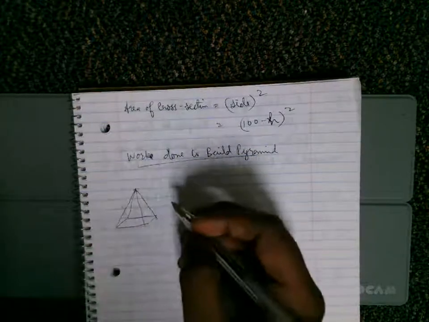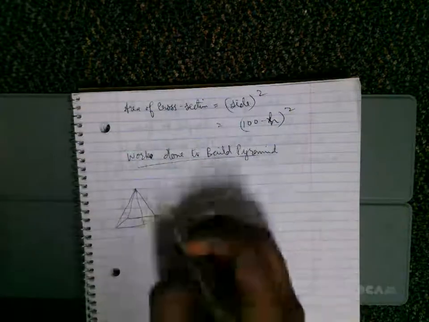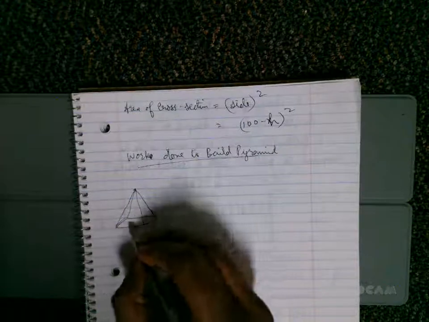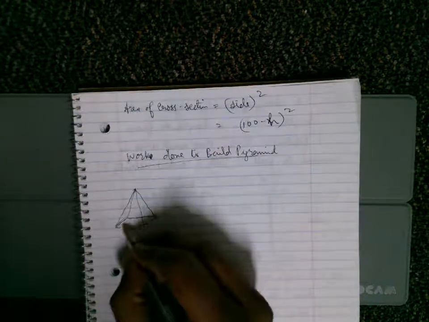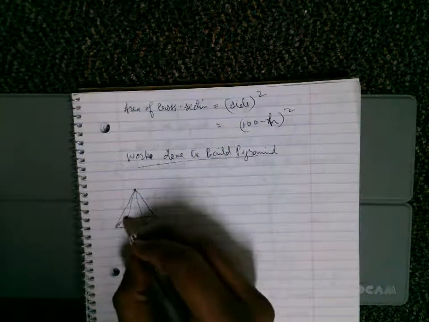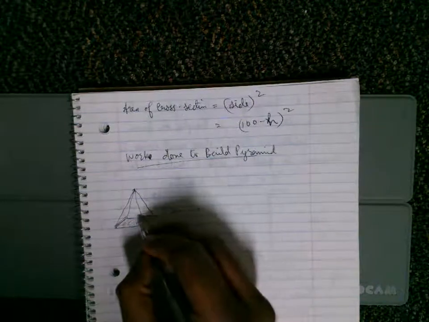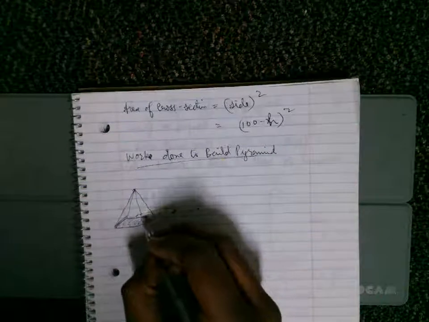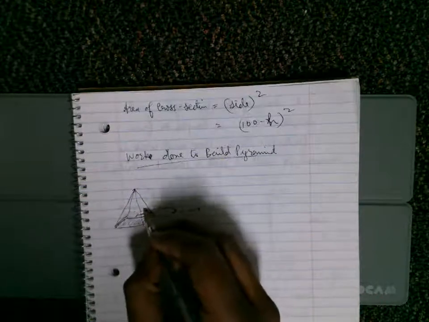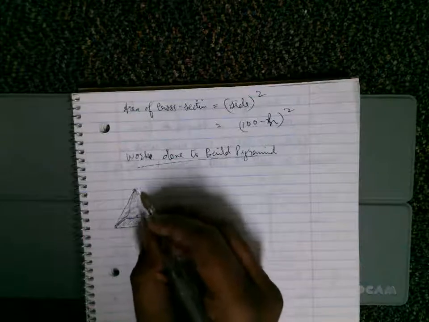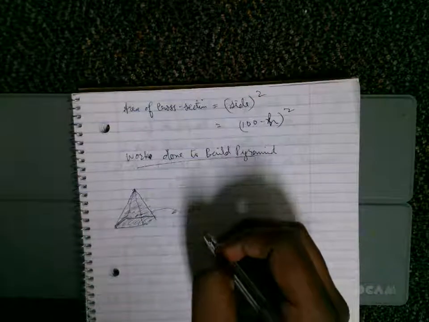How are we going to build it? We take a rock and lay the base, then take another rock and put it on top of this, and another rock on top of this, and so on, until we have finally built the pyramid.